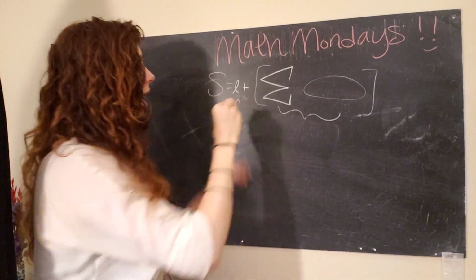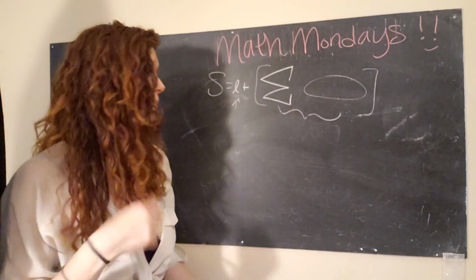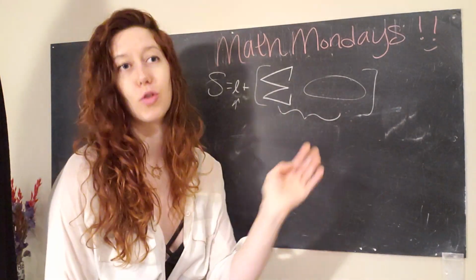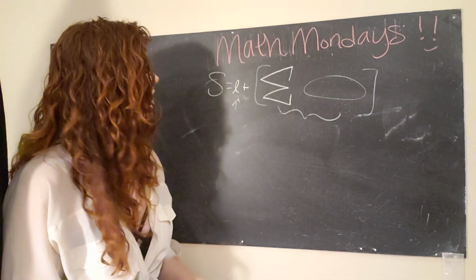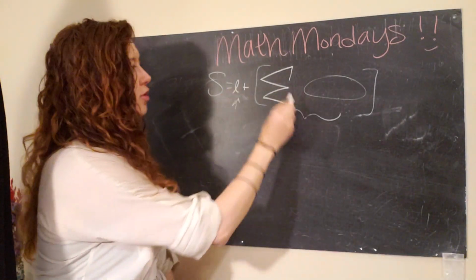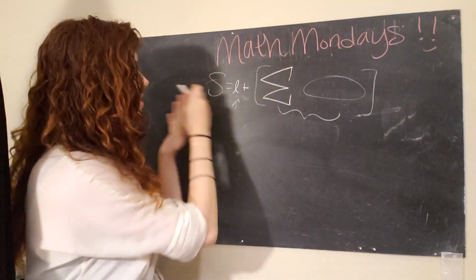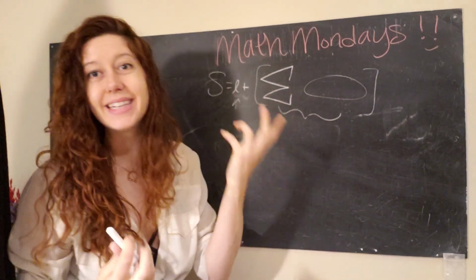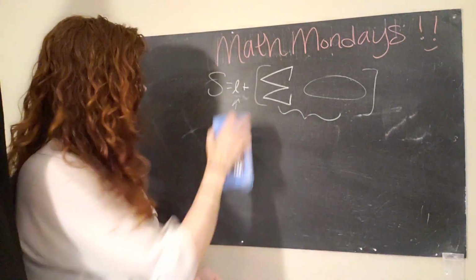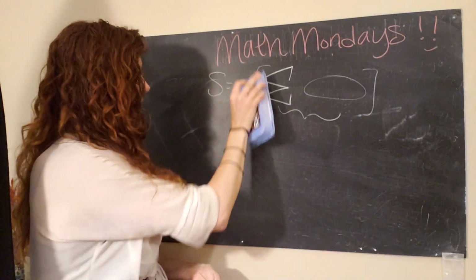Then you would just add whatever L happens to be, maybe 375, or maybe negative 15, to your result. So this is separate from what is in the summation sign, but we're not going to get into that.